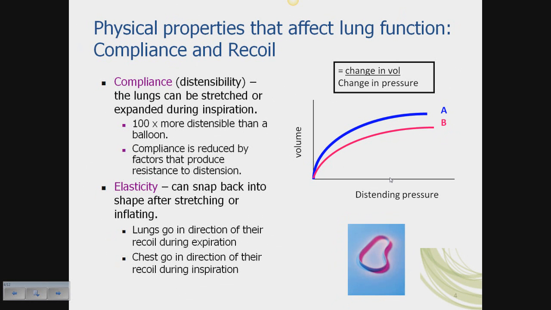If we were to pick any value on the x-axis for distending pressure, and then draw a vertical line straight upward, we would intersect line B first, and then at a higher value we would intersect line A. And that means for the same pressure, A is more compliant or distensible than B. Say these were two different lungs. So the lungs can be stretched or expanded during inspiration. Compliance is reduced by factors that produce resistance to distension. I'm going to talk about those.